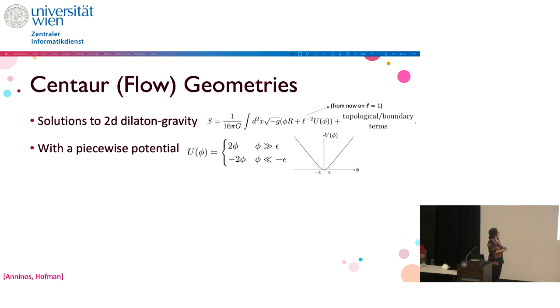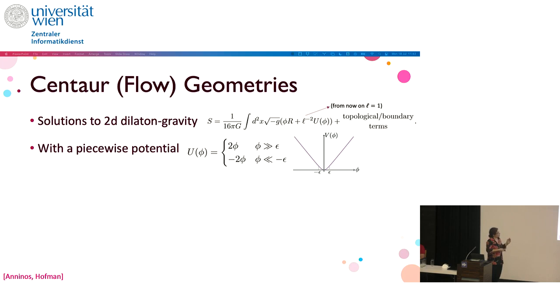All right, I will, as I said, focus on the two-dimensional case, and let me tell you a little bit more about how those geometries look. These are solutions to two-dimensional dilaton gravity with a piecewise potential, with a negative slope for certain values of the dilaton and with a positive slope for higher values of the dilaton.